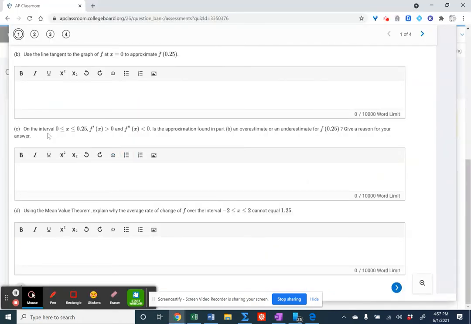For letter C, on the interval from 0 to 0.25, f prime is greater than 0 and f double prime is less than 0. Is the approximation found to be an overestimate or an underestimate? Most of us got this one right.